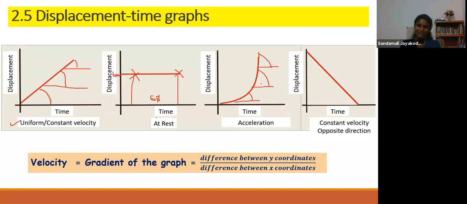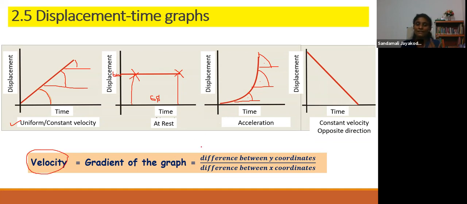No, it is not the same. Here it may be another value. Here it may be another value. Here it is larger than this one. So always the gradient of the graph is increasing.